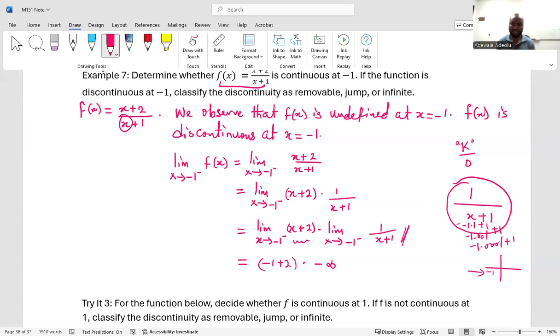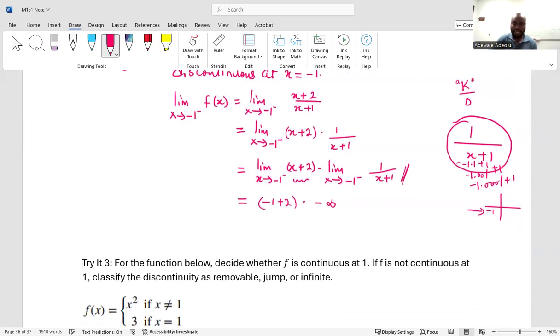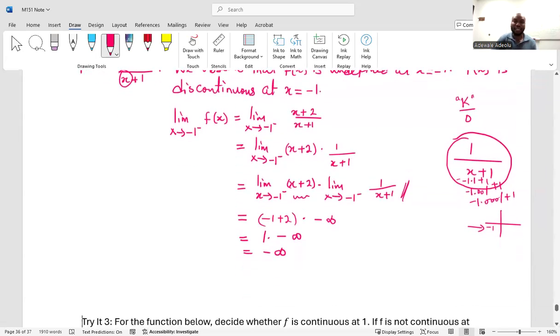We have done something like this in our previous lessons. And in that case, it turns out that we have 1 times something like this, which is -infinity. So, in fact, that is enough. We do not need to do anything again because we have already fulfilled one part that it is leading us to infinity.